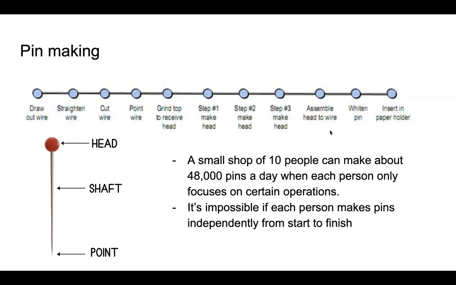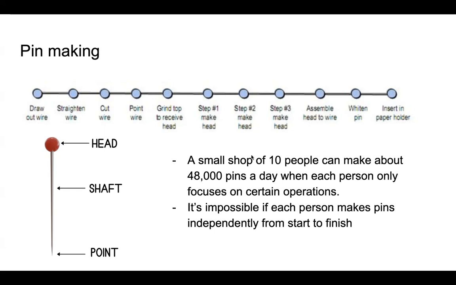After you make the head, you put it onto the pin, and then you whiten the pin, and in the end, you put the pin into a paper holder. Actually, putting the pin into a paper holder was itself an occupation at that time.